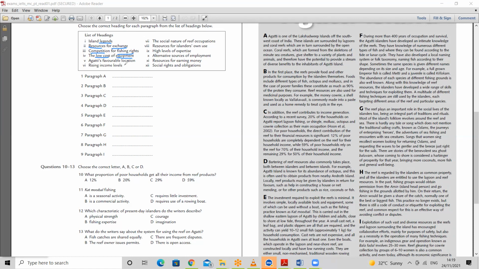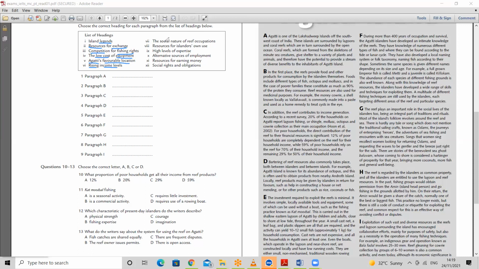Number 5, since I know that the text is about Agati, this is also an important word here. But what exactly is important here is the location, which is favorable. And then the 6th one, we talk about the income level, which probably is rising.